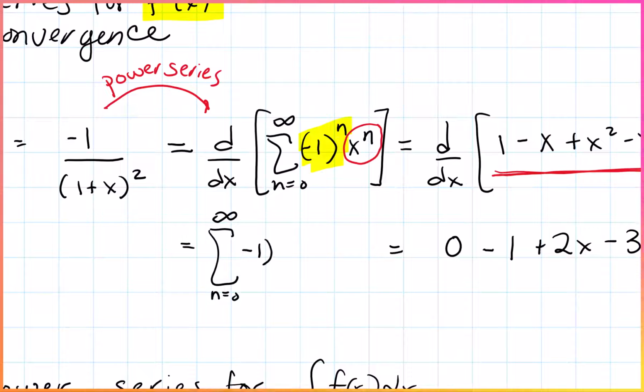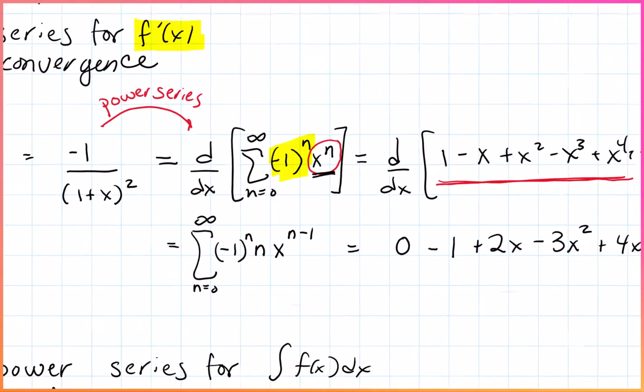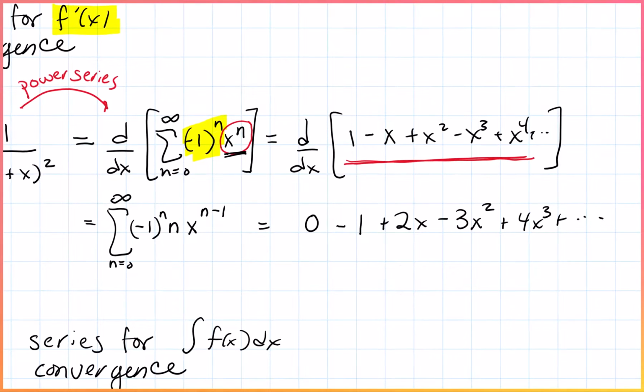We still have that constant negative 1 to the n, but when we take the derivative of x to the n, we get n times x to the n minus 1. And that is going to generate the series that we have in its expanded form over here. If you think about plugging in 0, the first term would be 0. Plug in 1, the next term is going to be negative 1 times negative 1, and then the next term is going to be 2 times x to the first, and so on and so forth.